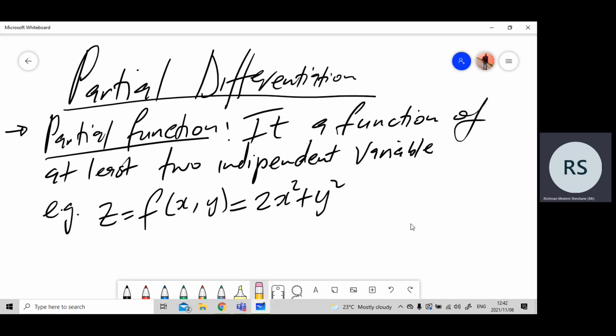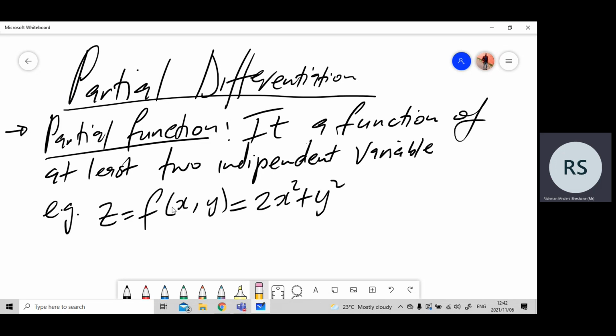Partial derivatives. First, we need to understand what a partial function is, because we're going to find the derivative of partial functions. A partial function is a function of at least two independent variables. For example, let's say z is a function of x and y.